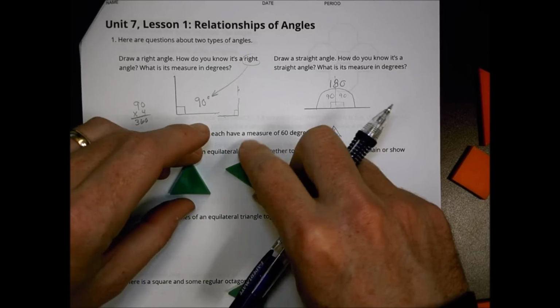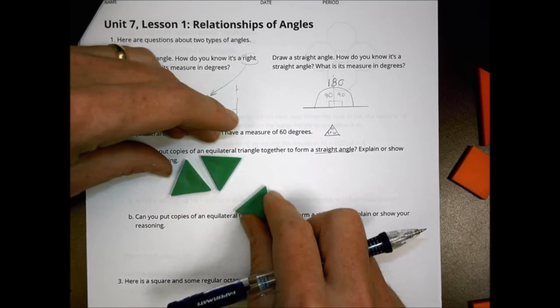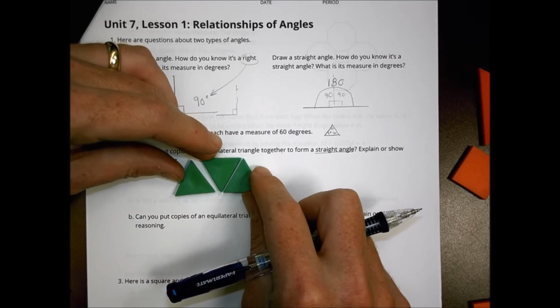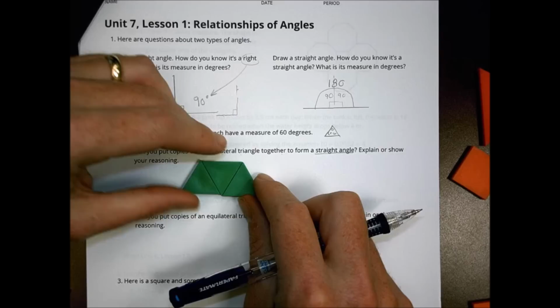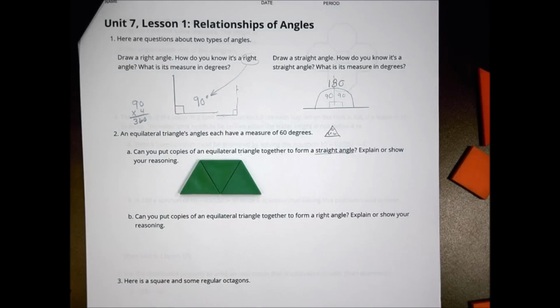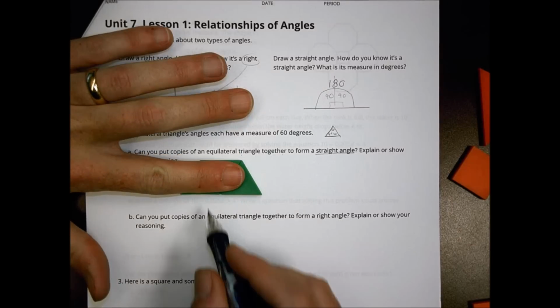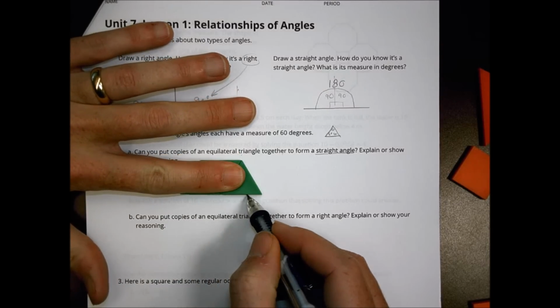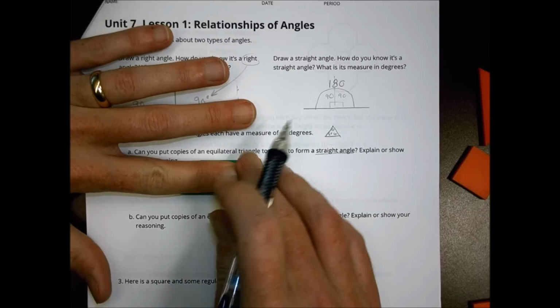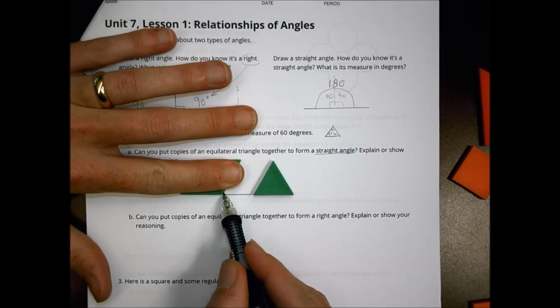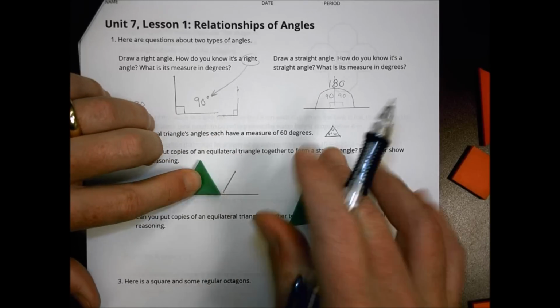I could take them like this, like this, like this, and put them together and make for myself a nice straight angle like so. Again, it's hard to do sometimes with the blocks, they move, but you get the idea. So I could form them like this. And I could take one out and draw the line that goes there, and take one out and draw the line that goes there.